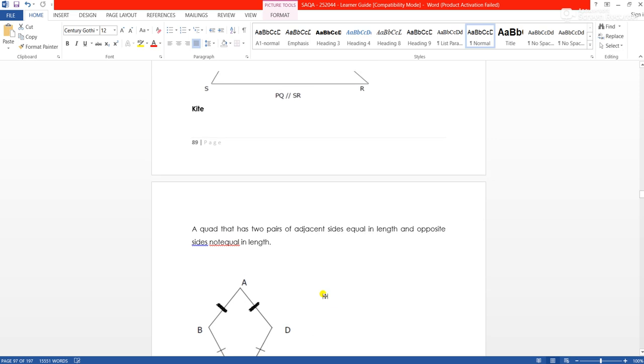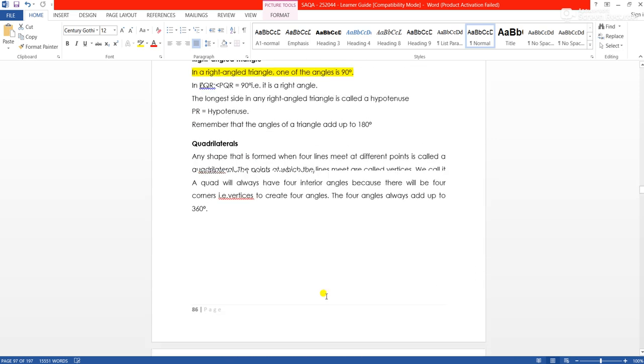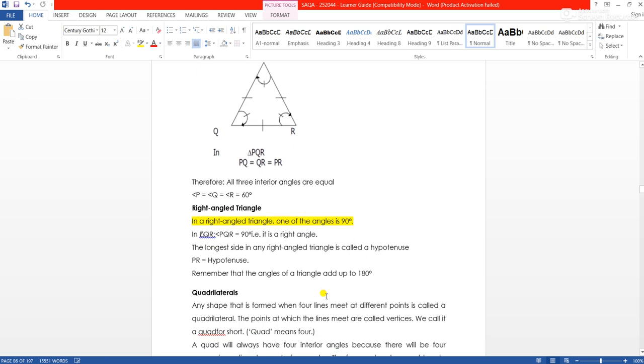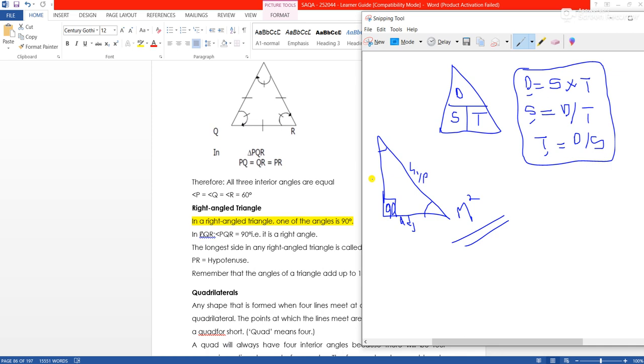We normally use that when we want a side. For example, let's say we were given R squared equals x squared plus y squared.